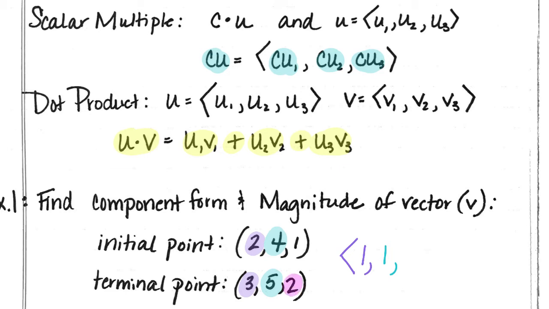And then we have 2 minus 1, and that gives us 1. Well, that's an interesting component form. Now we just have to find the magnitude. I am just taking the square root of 1 squared plus 1 squared plus 1 squared, which is going to give me the square root of 3.